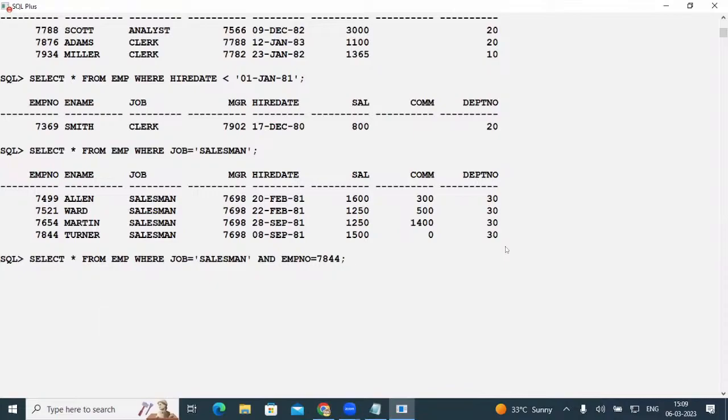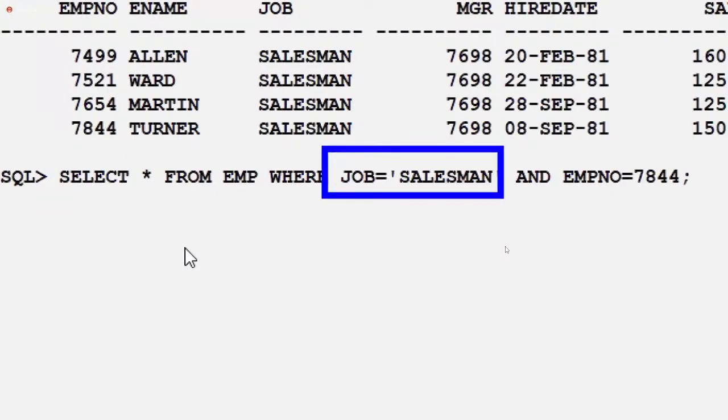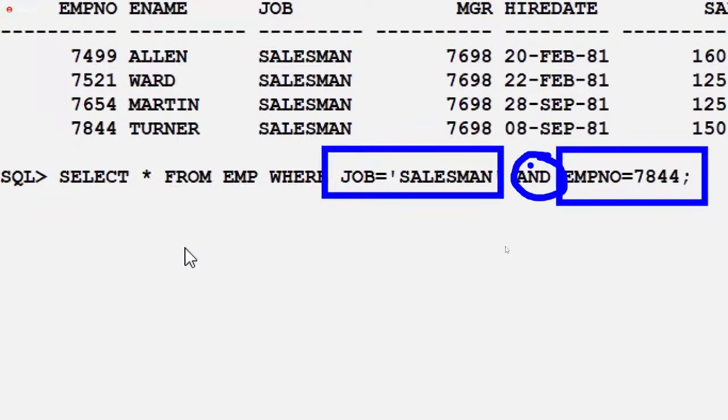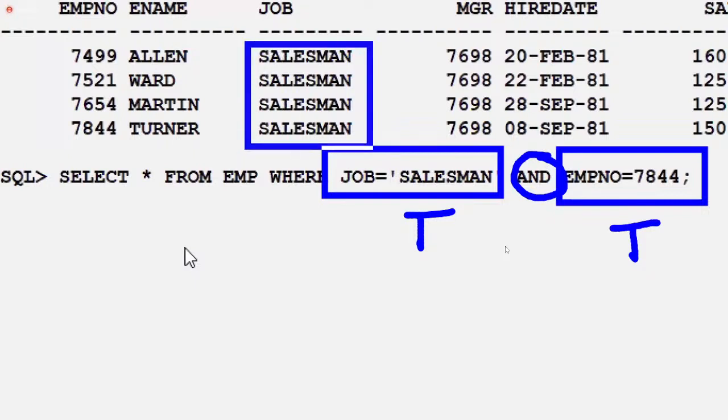Here there are 2 conditions, carefully observe: this is condition number 1, condition number 2, and in between the AND operator. The AND operator returns a value only when the first condition is true and the second condition is true. Otherwise, never. First condition, job is equal to salesman, so many people are there.